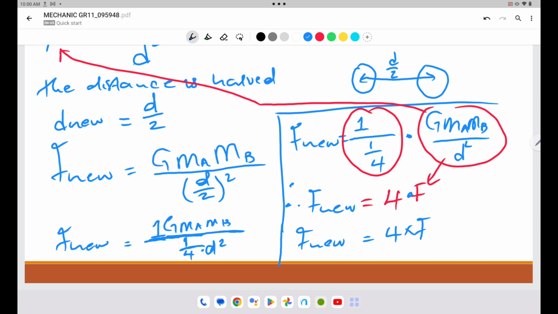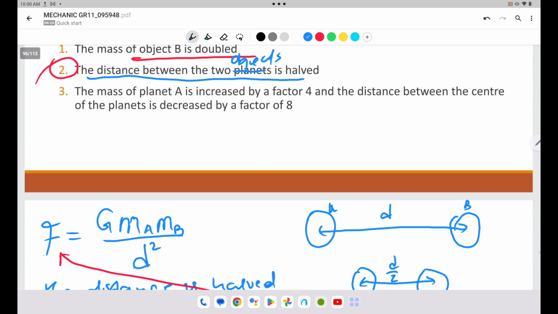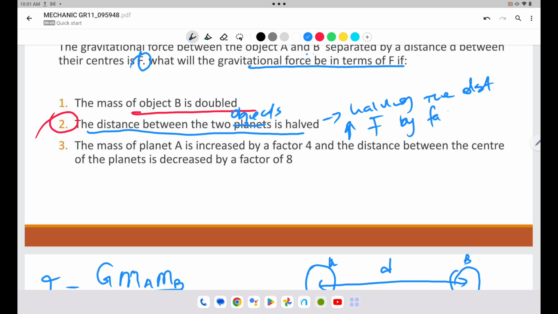So when you halve the distance, the force increases by a factor of 4.